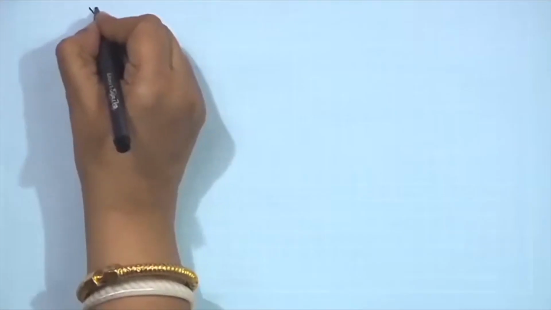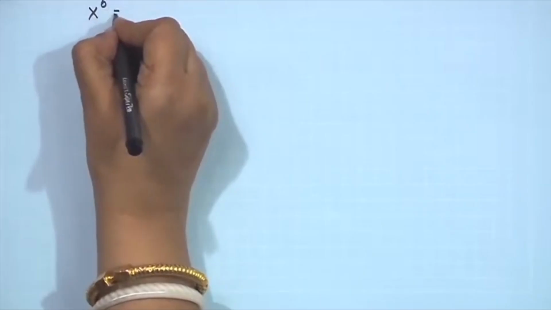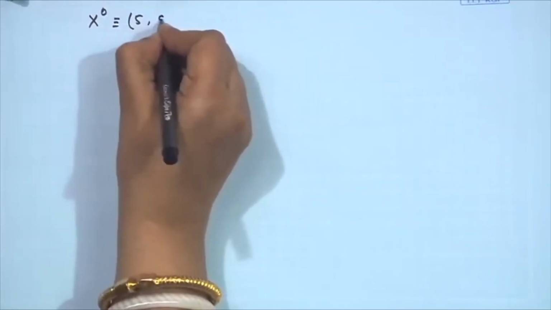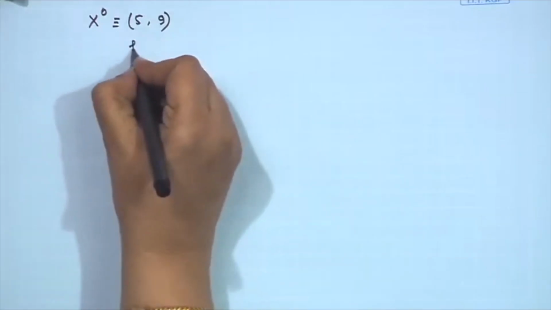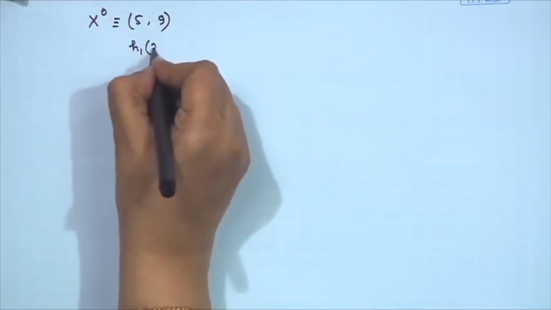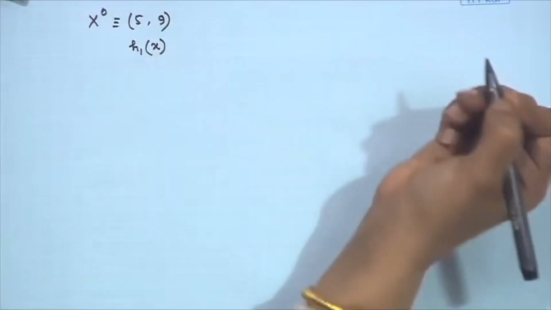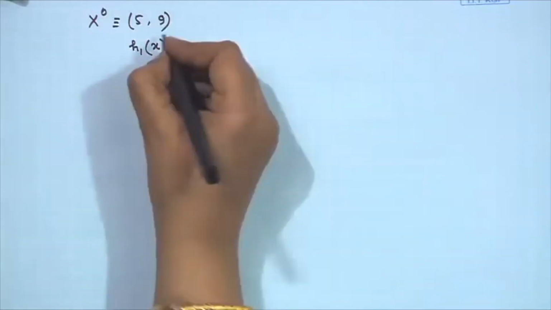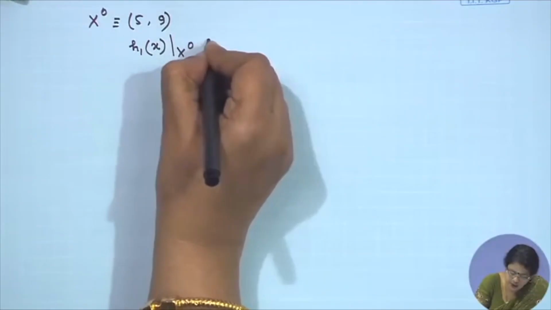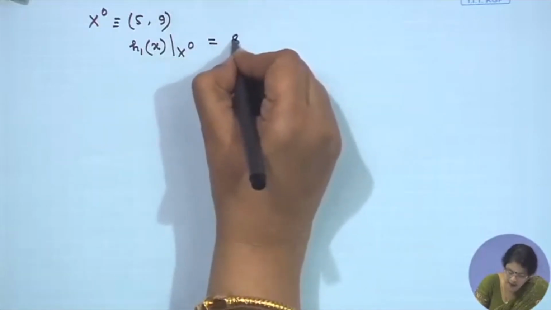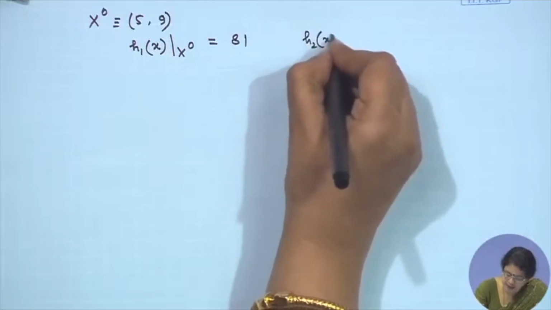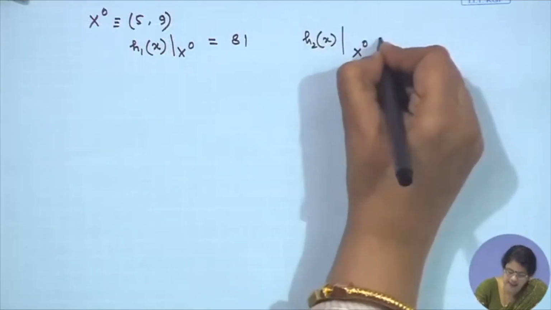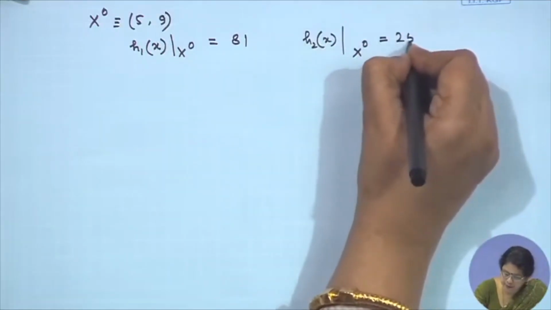We will consider x0 equal to (5, 9), and we will first see what h1(x) is at this point. h1(x) at x0 will have the value 81, and h2(x) at x0 is 25.